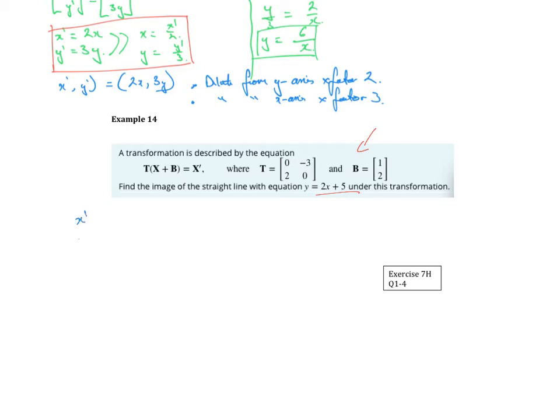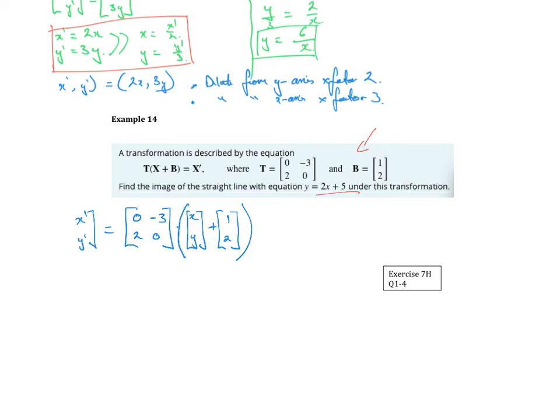My new x value and my new y value are going to be equal to the t term, 0, -3, 2, 0, times in brackets the old x and y, plus b, which is 1 and 2.